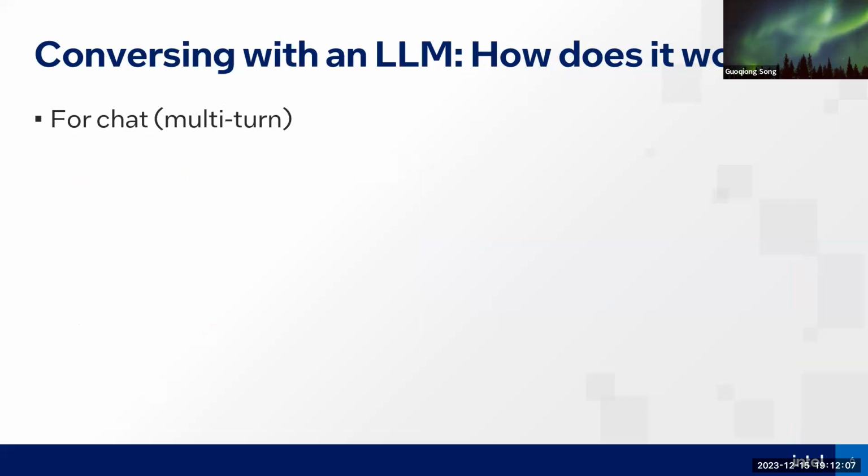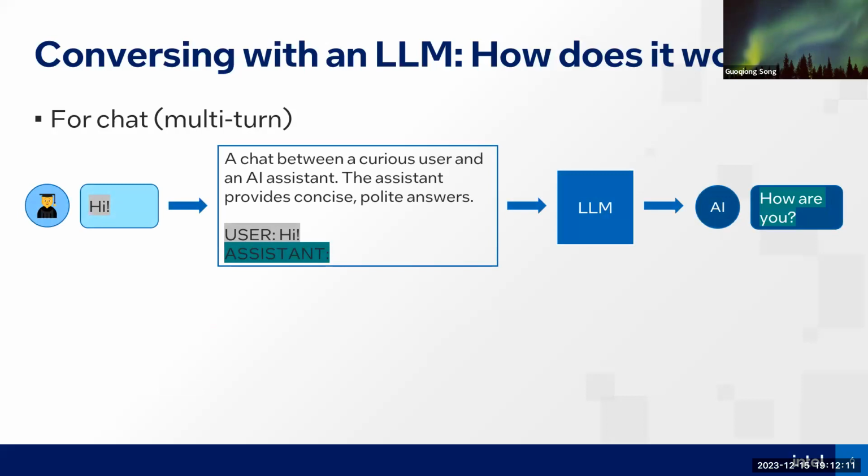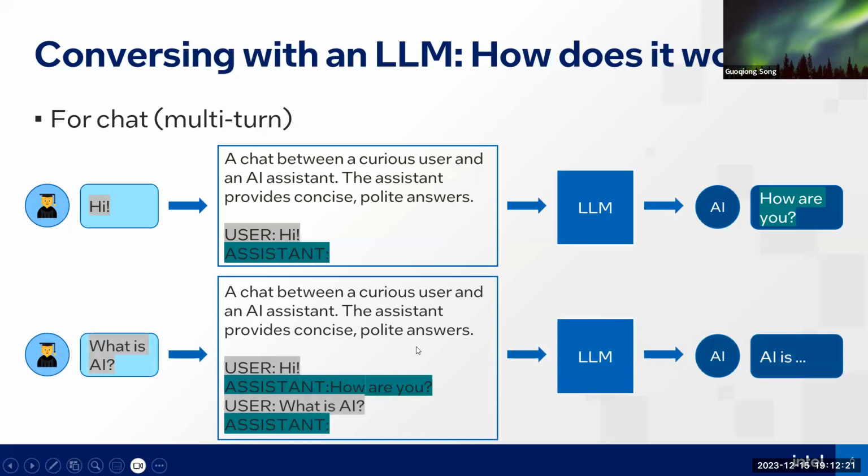This is an example of how it looks for chat. If a client says, hi, the assistant goes through a large language model and tells you, how are you? Then you ask, hey, what is AI? It gives back an answer: AI is something. So it's like a generic chatbot.